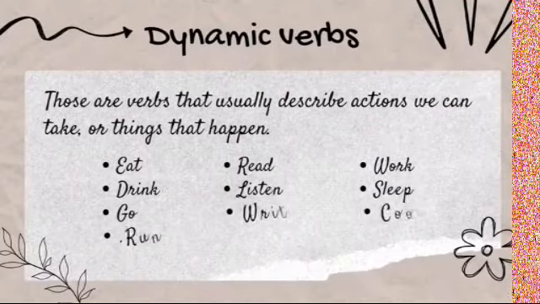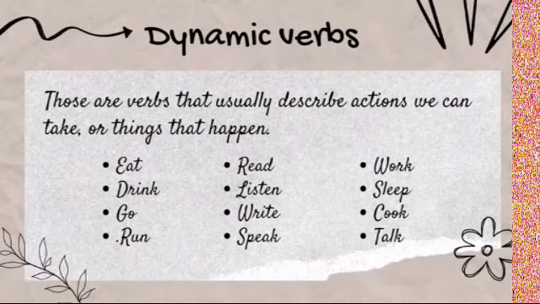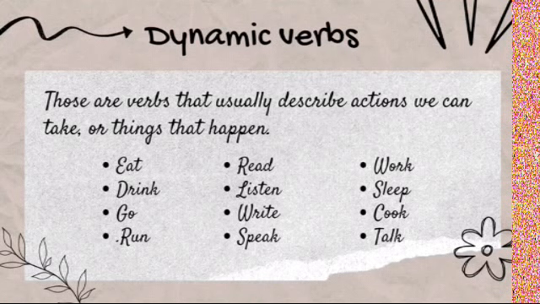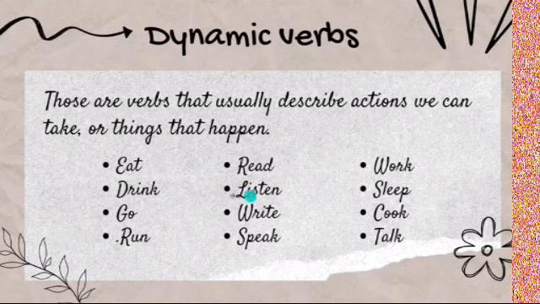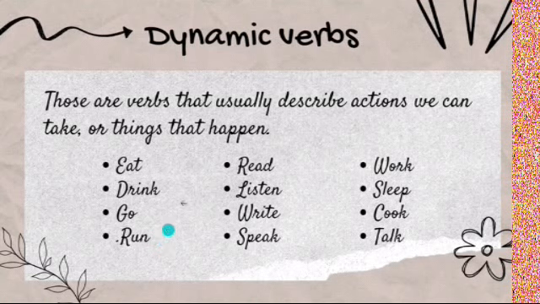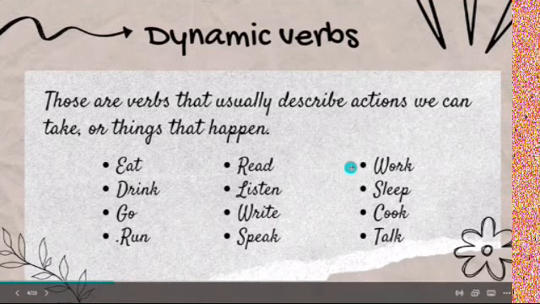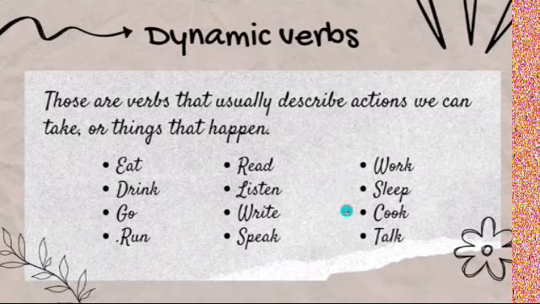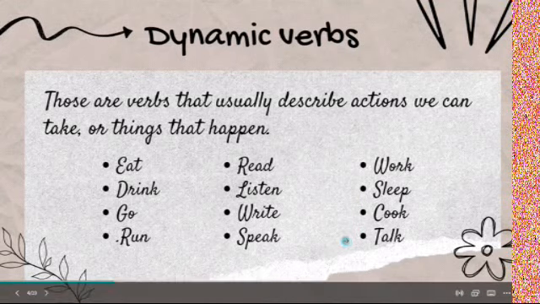Now we have dynamic verbs. Those are verbs that usually describe actions that we can take or things that happen. Some examples of those verbs are eat, drink, go, run, read, listen, write, speak, work, sleep, cook, and talk, and others.